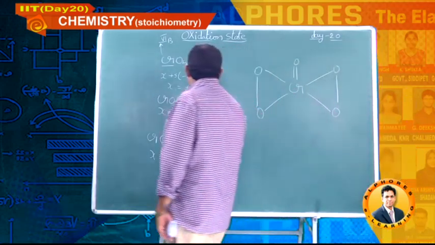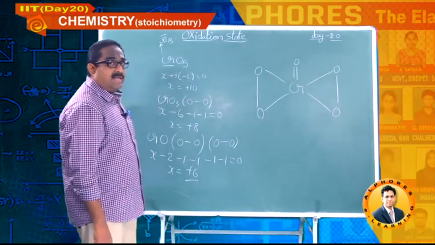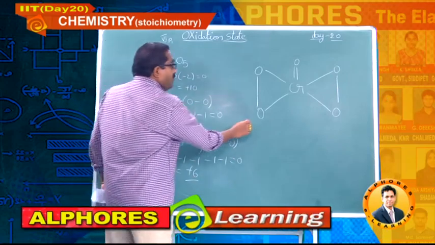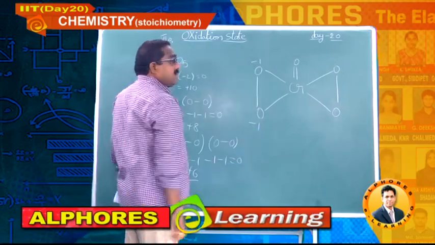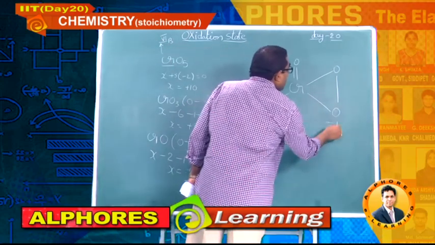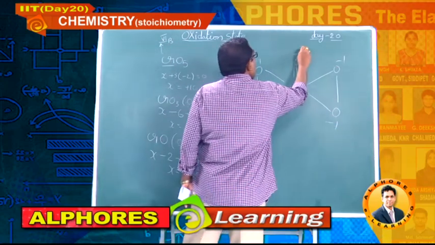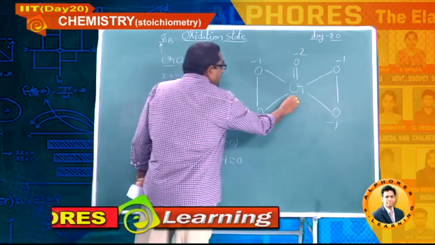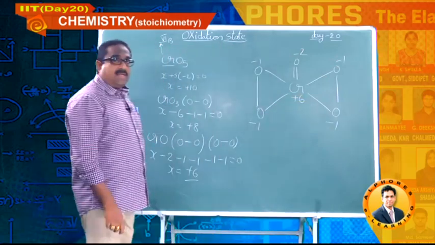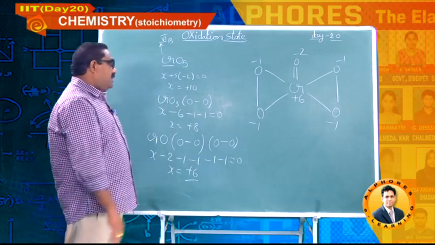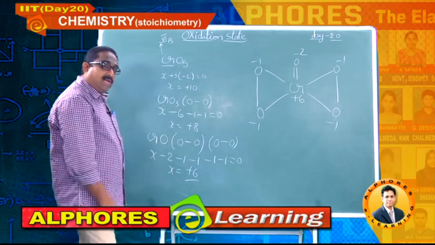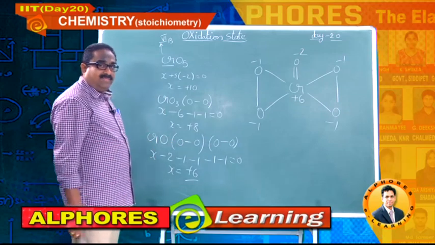This structure of chromium peroxide is called the butterfly structure, where 4 oxygens possess peroxy linkages and 1 oxygen is a normal doubly bonded oxygen, and the oxidation state of chromium is +6. The structure is called the butterfly structure of chromium peroxide. You please note it down. Let me go for the next one.